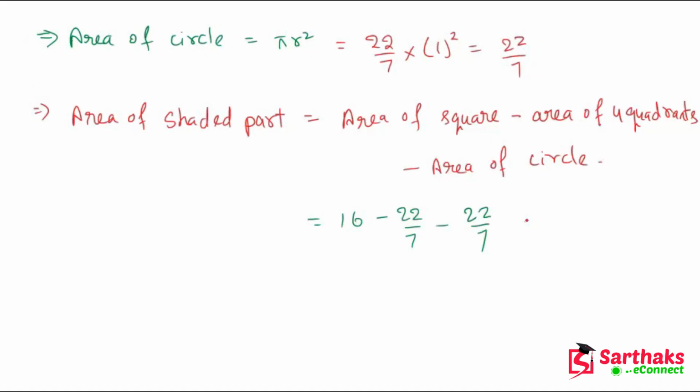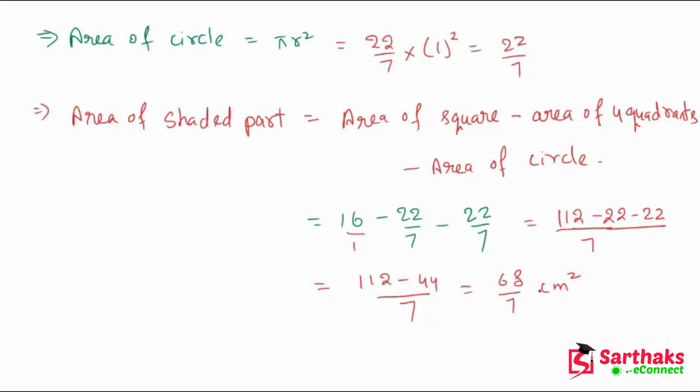Now if we solve this, 7 is the LCM. In the denominator this is 1, so if we divide we get 7, and 7 into 16 is 112, minus 22 minus 22. So this becomes 112 minus 44 divided by 7, which is 68 upon 7 centimeter square.